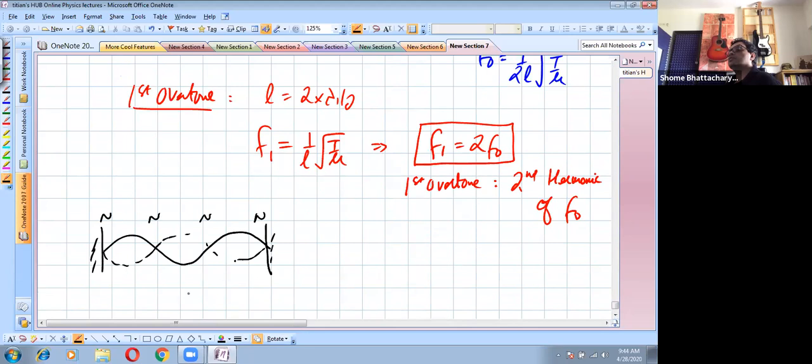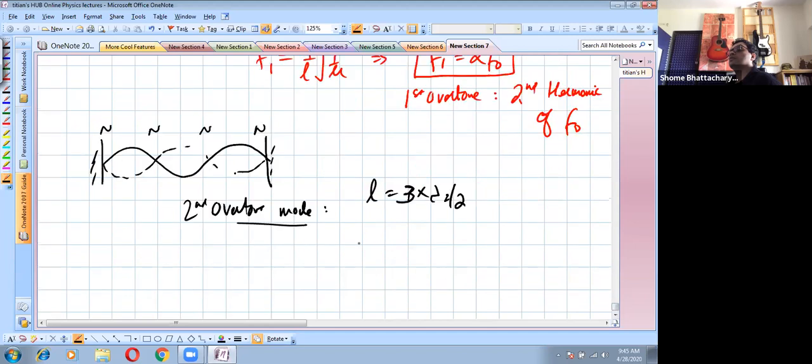So in the second overtone mode, this length becomes 3 times lambda by 2. So the frequency of the second overtone becomes 3 by 2L, because lambda is 2L by 3, square root of T by mu. Or the second overtone becomes the third harmonic.